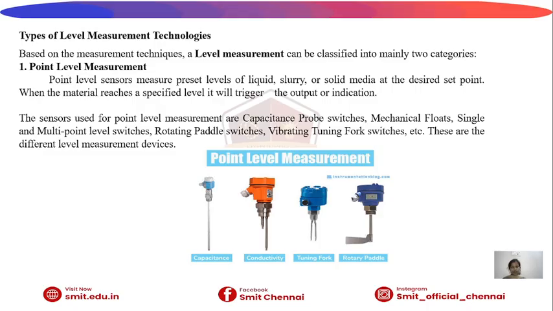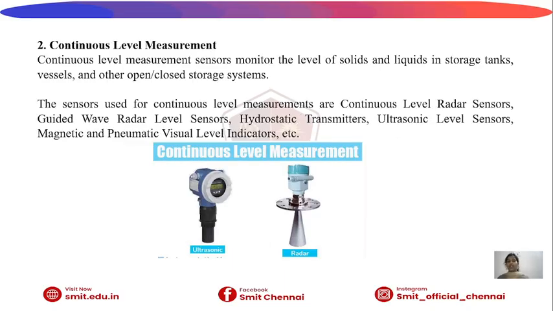That is, it measures preset levels of liquid, slurry or solid media for a desired set point. But continuous level is not like that. It continually measures the levels of solids and liquids in storage tanks and vessels. It's continually measured. It's an automatic device.